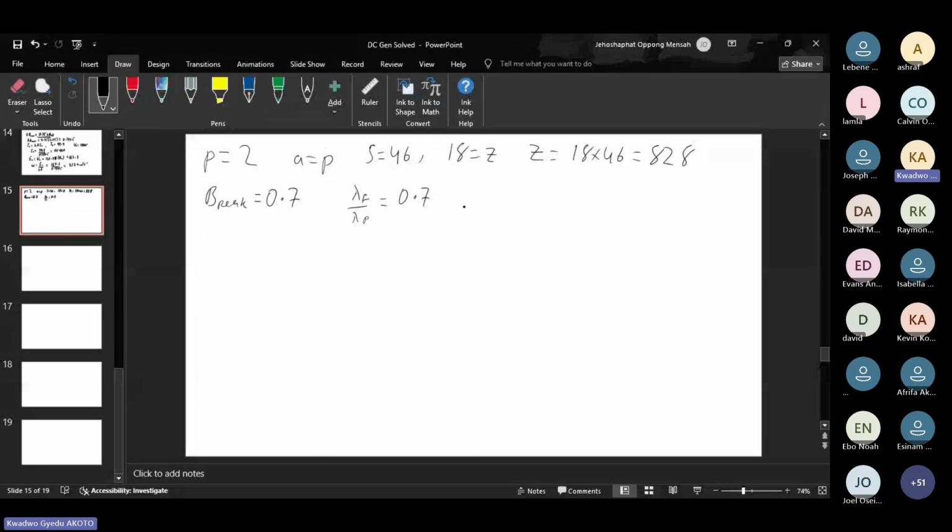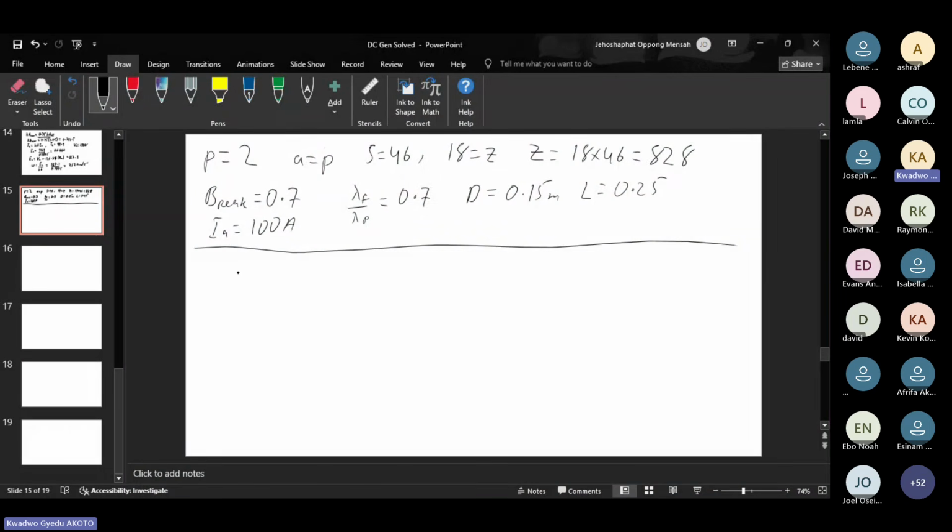And we've been given a diameter D as 0.15 meters and length L as 0.25 meters. And we have an armature current IA equal to 100 amps, right? So now with this, we are going to solve our question.